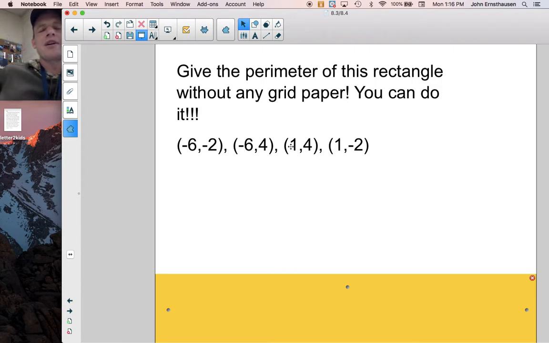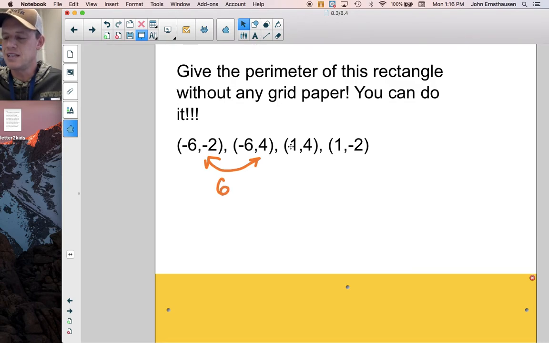Okay, I'm not sure if anybody thought of how to even do this, but we're basically finding the distance between the points. So how far apart are -6, -2, and -6, 4? They are 6 units apart. How far apart would -6, 4 and 1, 4 be?